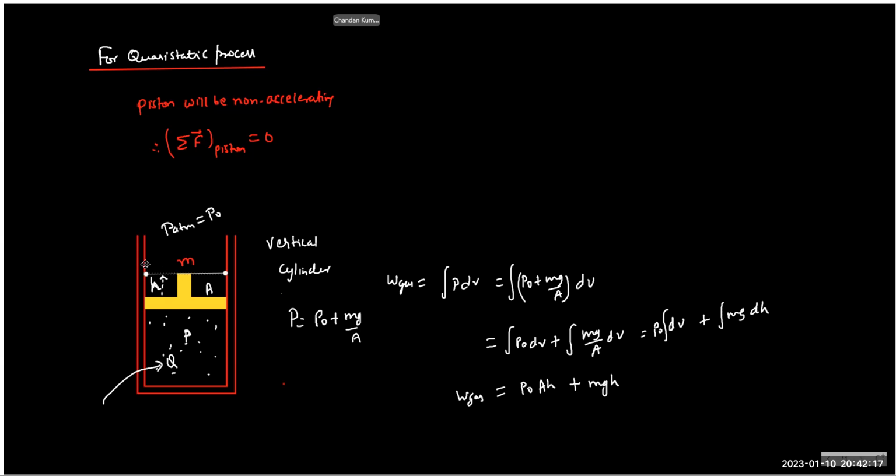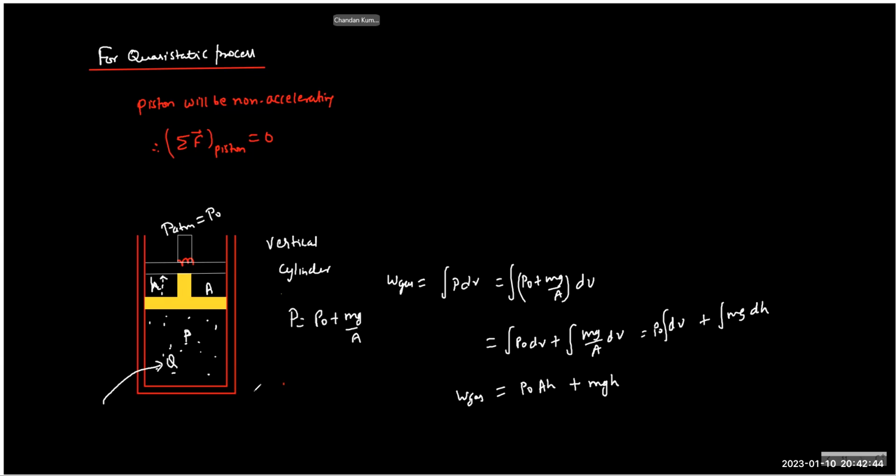If the piston has gone up by h because of the energy given, so out of the energy Q, how much energy has the gas consumed or delivered to his neighbor, the close friend piston?